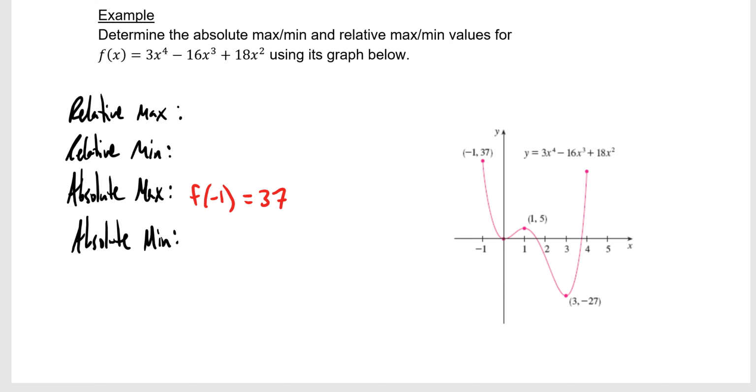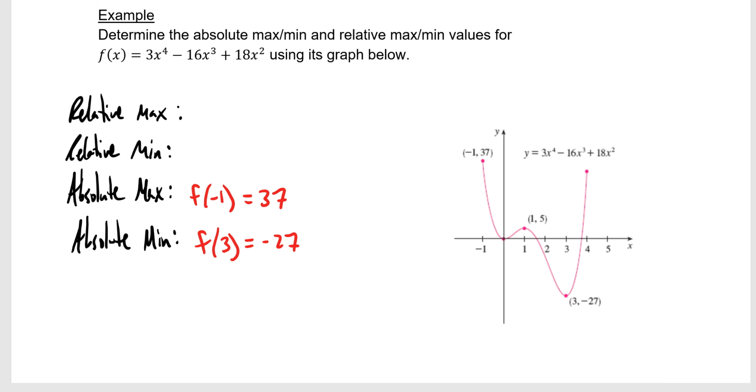Okay, so for the next one, let's do the absolute minimum. The absolute minimum, the smallest point on the graph is right down here, and that is the coordinate 3, -27. So the absolute minimum value is the y value, which is -27.